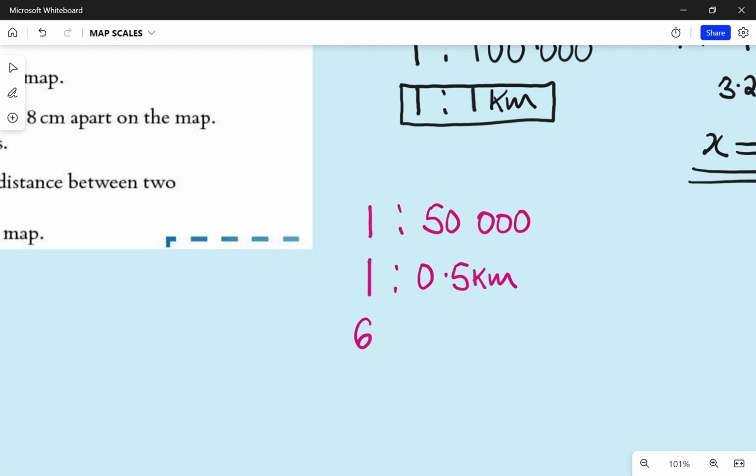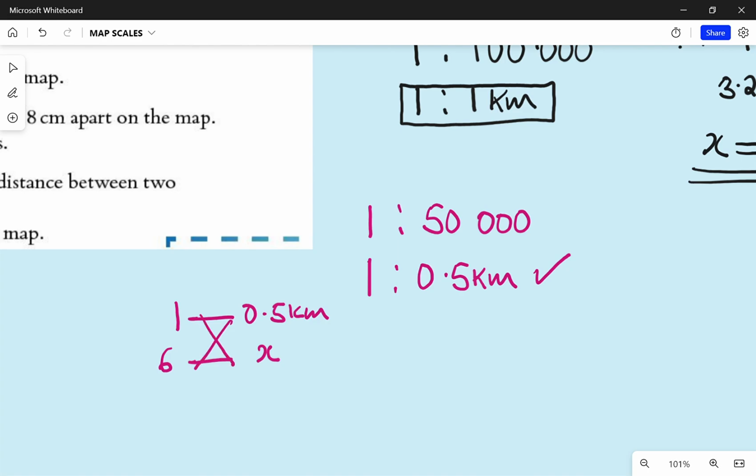So I'll use this scale. 6 centimeters will give me x. Let me just write it nicely. The scale I'm using is 1 to 0.5 kilometers. What about 6 centimeters? I don't know what it is going to represent.